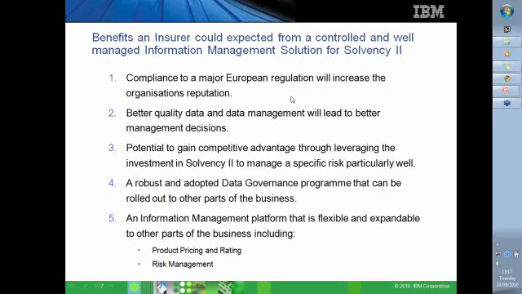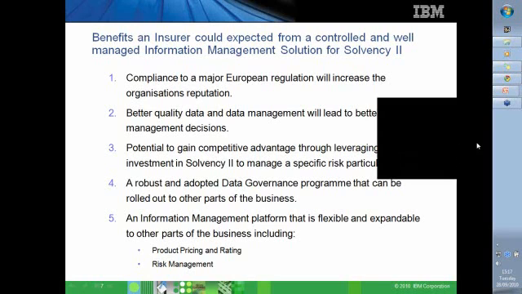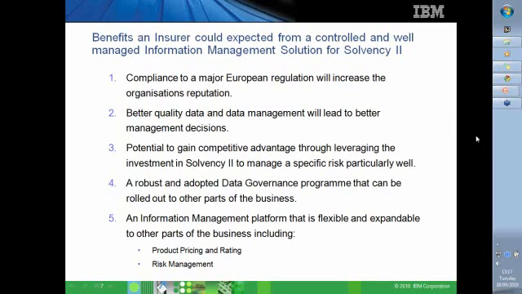I think what I'd like to leave with is, when you've got your data in place and your solution architecture in place, what are the benefits for an organization post Solvency II, but also when you're embarking on this program of action. There's no doubt that insurers will need to build a business case around a Solvency II program of work to justify anything around data and systems, and we're not talking trivial amounts of money here. It will cost a large sum of money to implement the right solution.